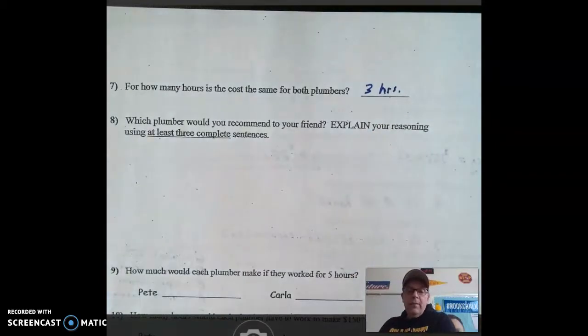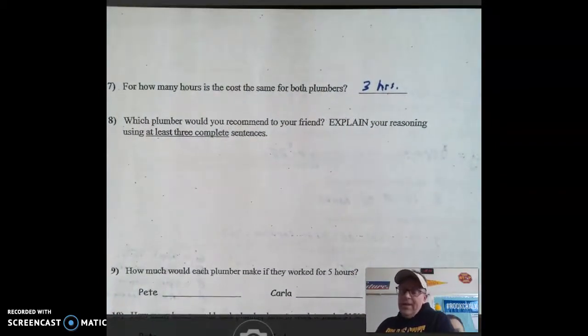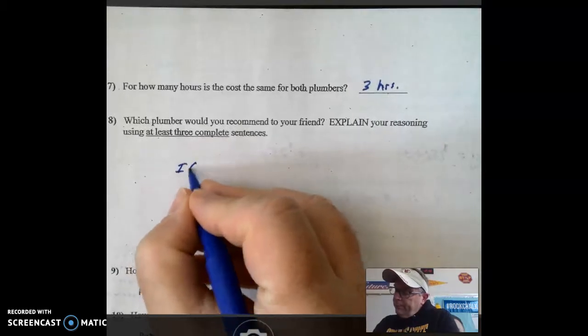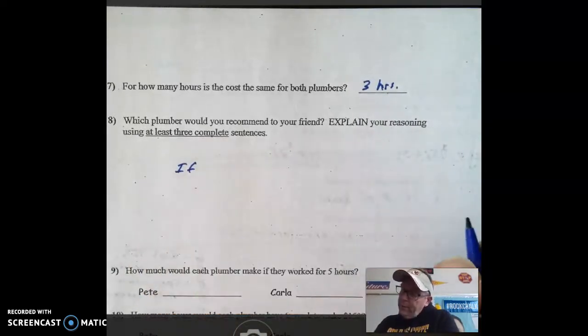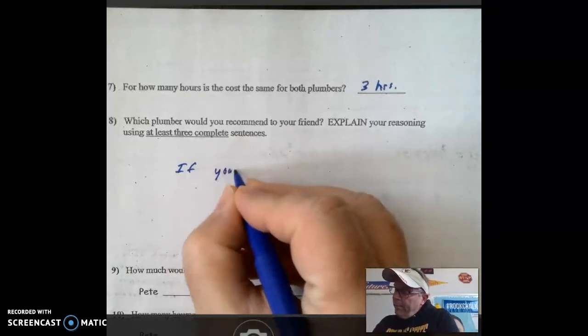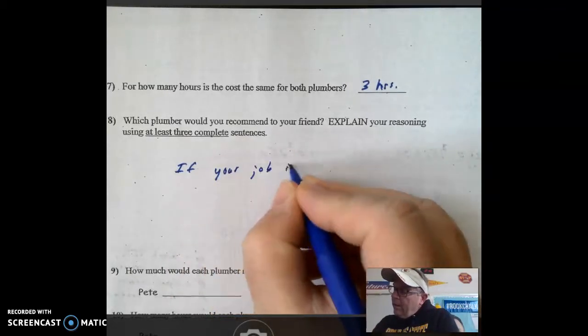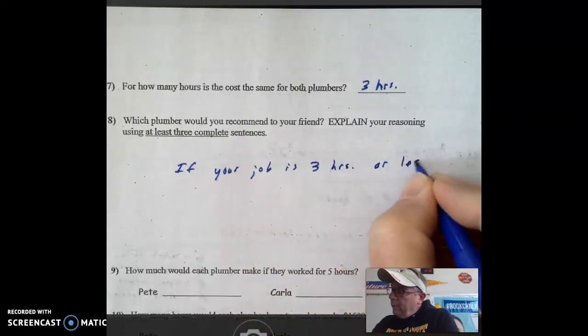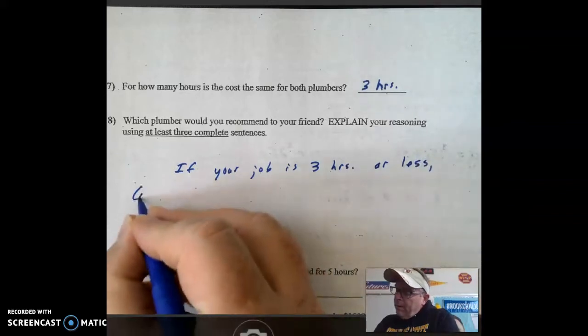It's also really helpful when you can interpret this, because you can take that linear data and you can go ahead and come up with a rationale. So who's the best for your friend? Well, really simple. I know this says 3 complete sentences, but we're going to make it just a little shorter. If your job is 3 hours or less, Carla is the better deal.